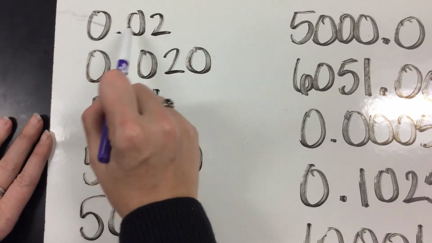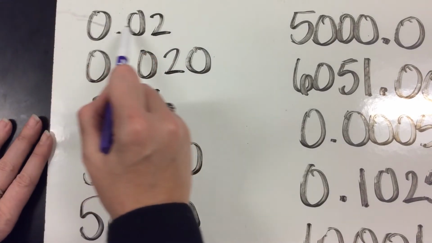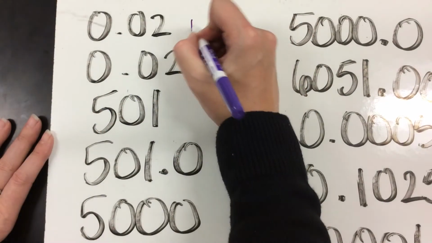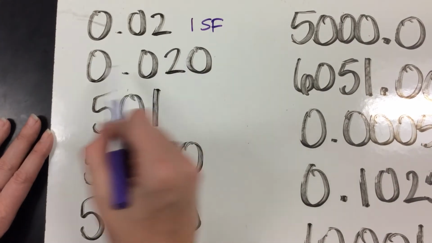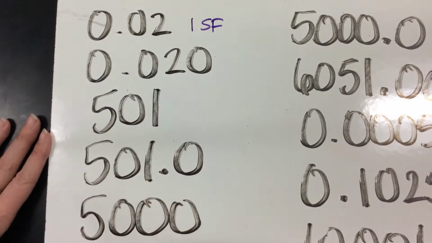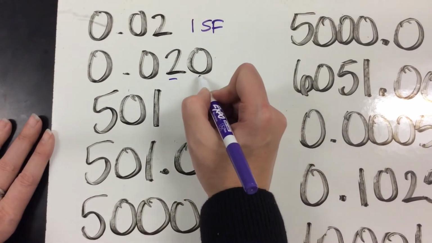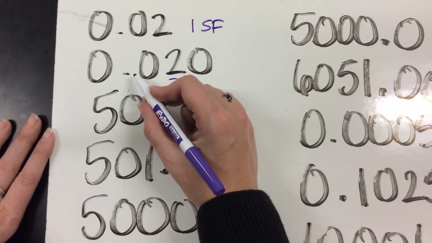But if I have 0.02, zeros at the beginning of a number never count for sig figs. So all I'm going to do is count my number 2, so that one has 1 sig fig. Now with this next one, zeros at the beginning of a number never count. I count my 2. This 0 at the end of the number counts because I have a decimal place present.